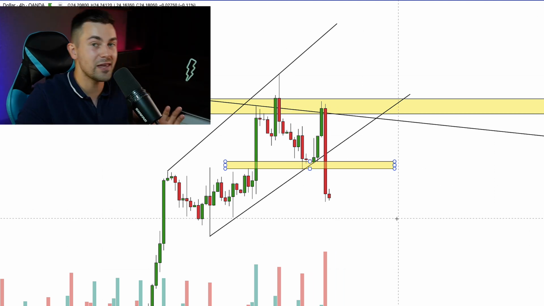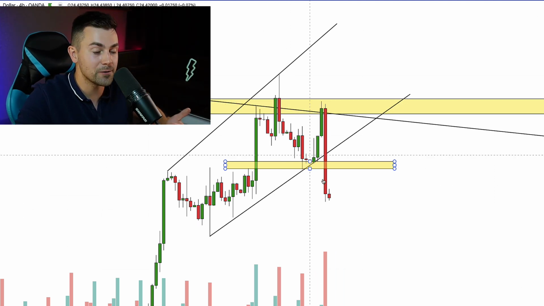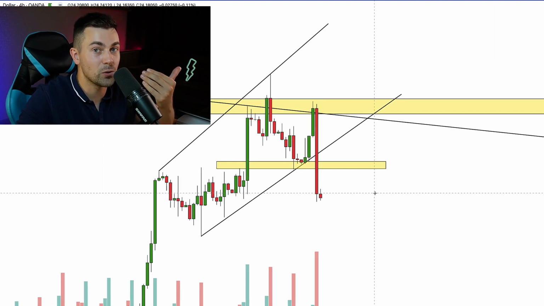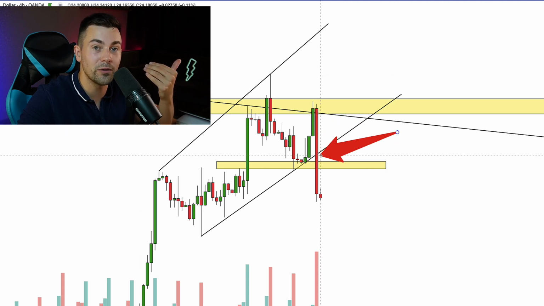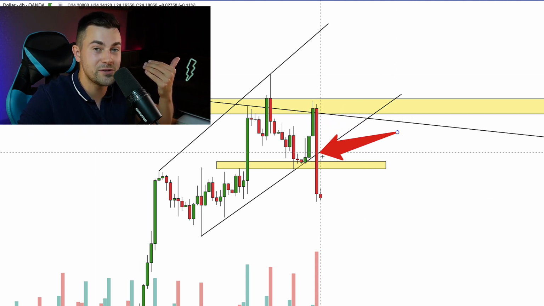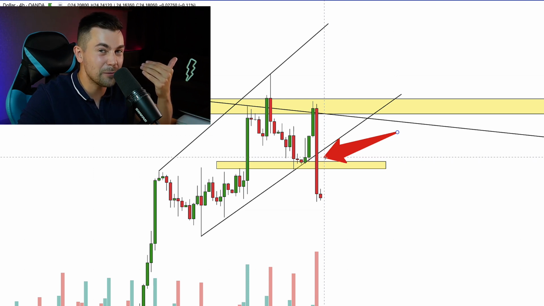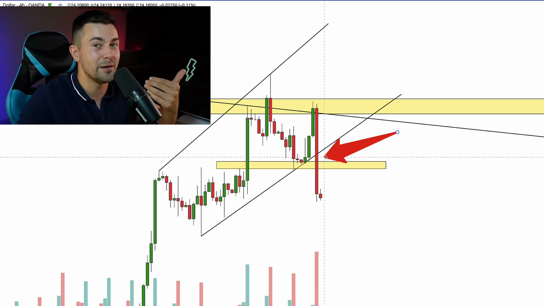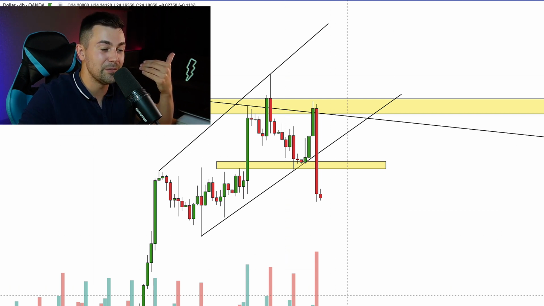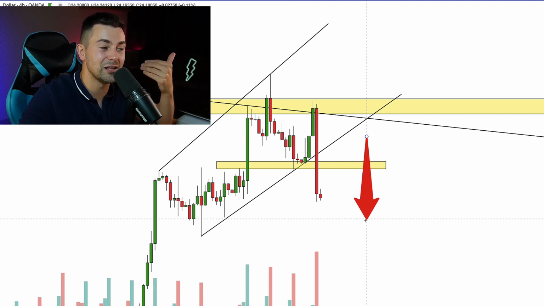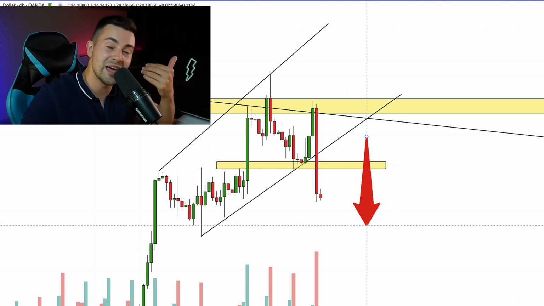So you can see that within that liquidity cluster, we see the signs of strength of the sellers. And that imbalance, that strong bearish candle simply shows you that big players are on the bears' side. And for that reason, you can easily make a prediction that silver will keep falling and that it will drop lower.